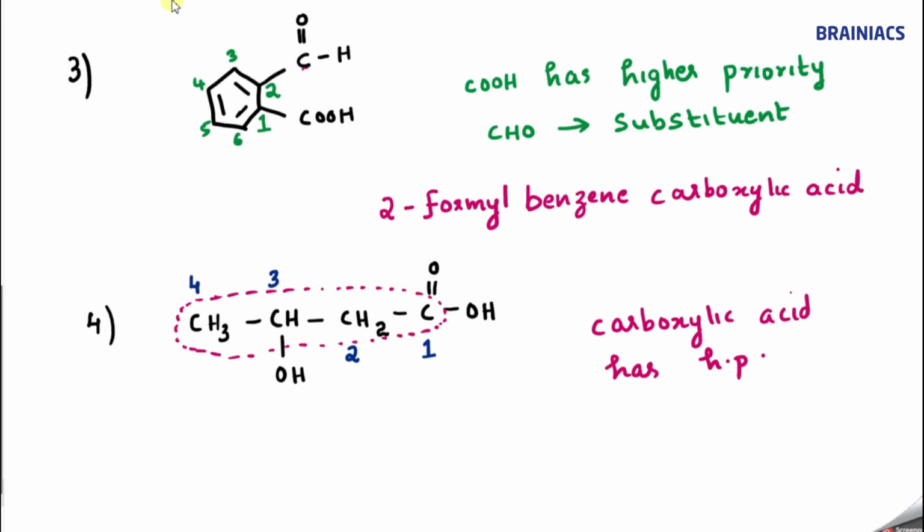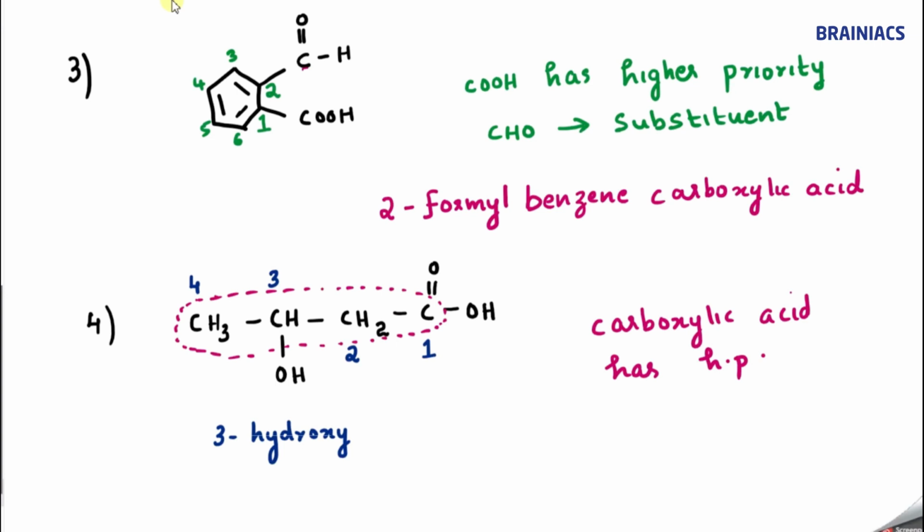So again, starting with the secondary prefix, I can say 3-hydroxy, correct? Because whenever the OH group behaves like a substituent, we use the prefix hydroxy. You can see that in the priority table. So 3-hydroxy; primary suffix and primary prefix are not applicable.